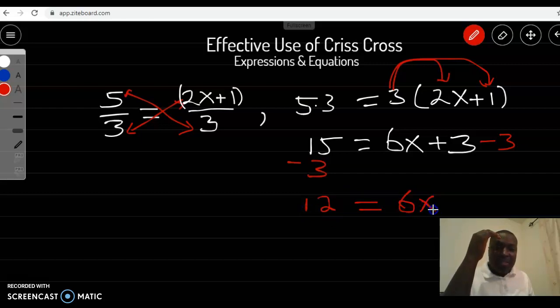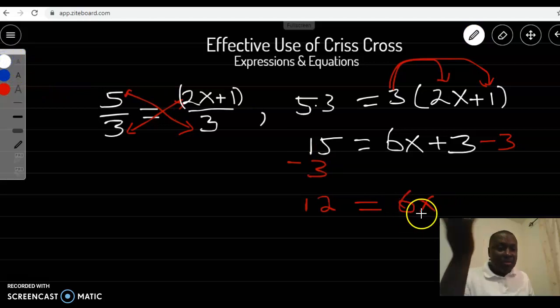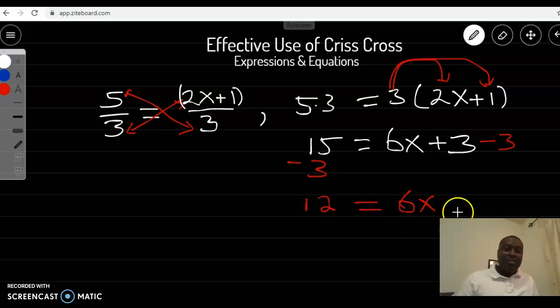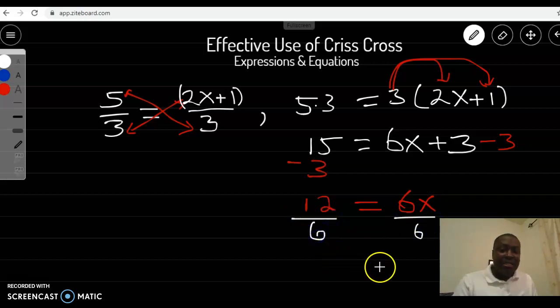So our last step that we have to do, you can really interpret that 1 number times 6 will give you 12. If you are still in trouble, here is multiplying, so we are going to apply the opposite force. The opposite of multiplication is division, so we divide here by 6, and we divide here by 6.